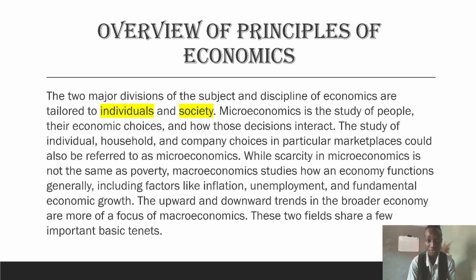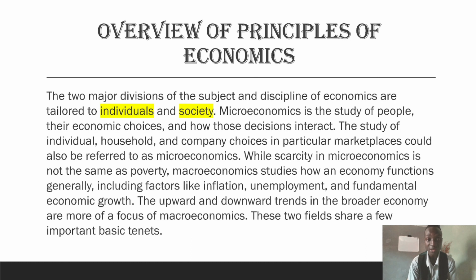Individuals and societies are the two major divisions of the discipline of economics. Individuals make up the society, and it is the interaction between these individuals, the buying and selling, exchange of value, exchange of services in this society, that determines the activity of the economy.